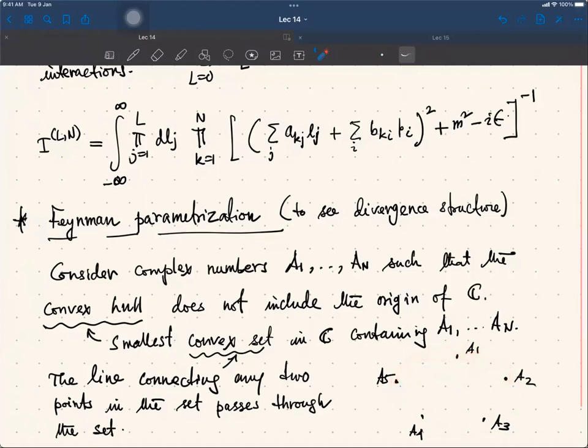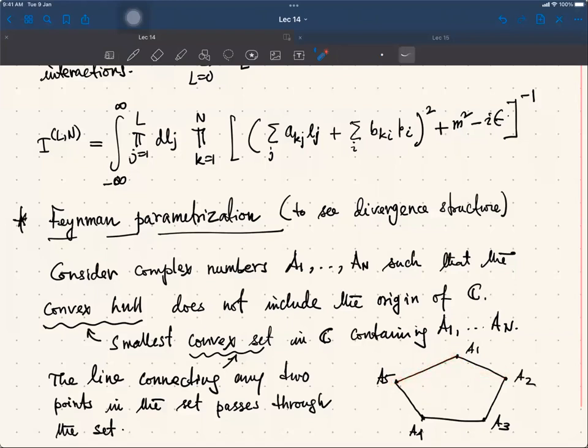So the smallest criterion will tell you that I should connect them by straight lines on the complex plane. I'm talking about R2, not a more complicated space. Then you could not afford to make it concave because of the convexity requirement. So this is the minimum you have to do.